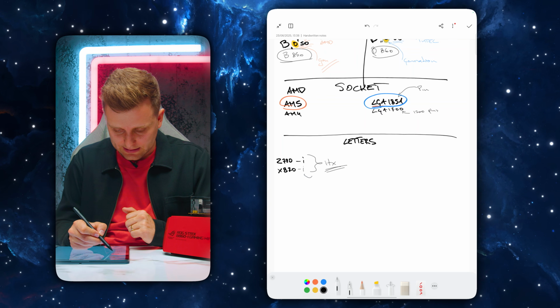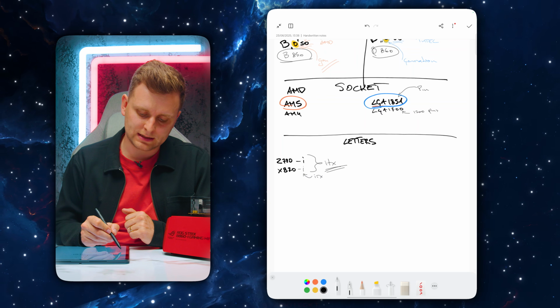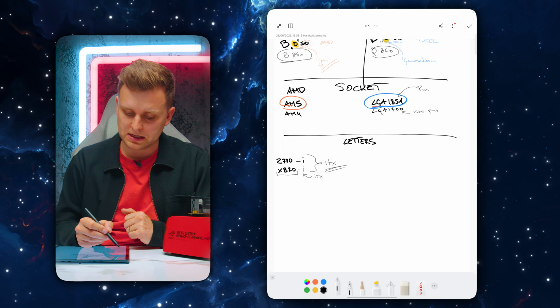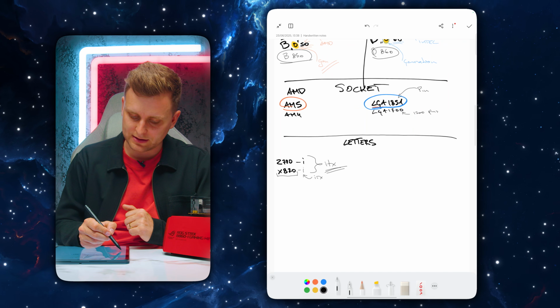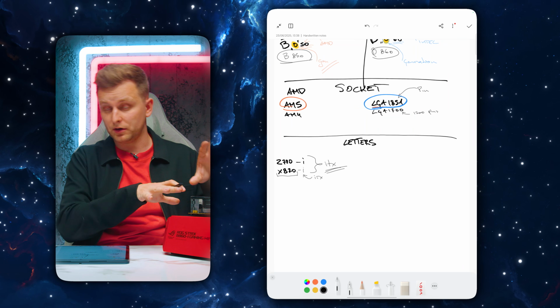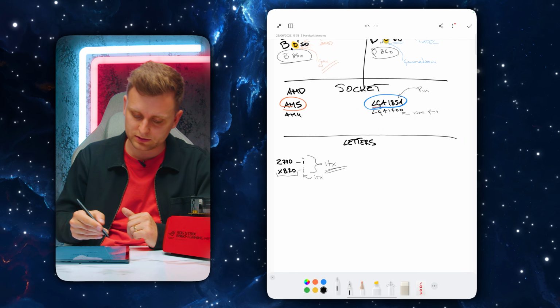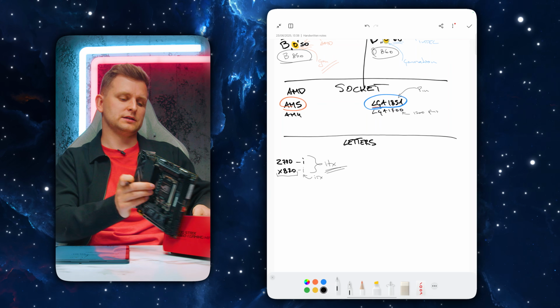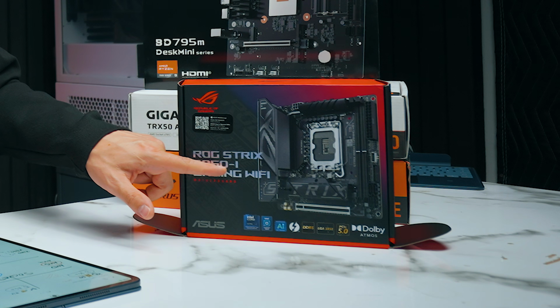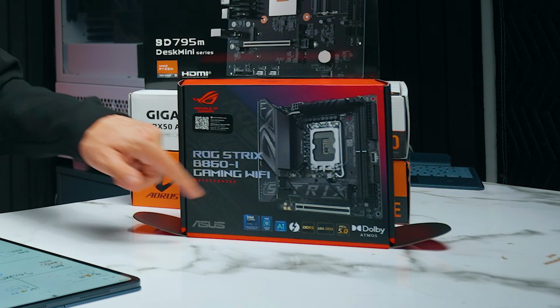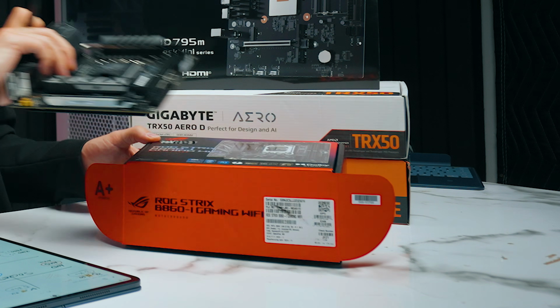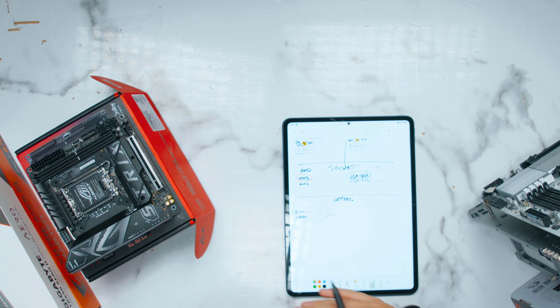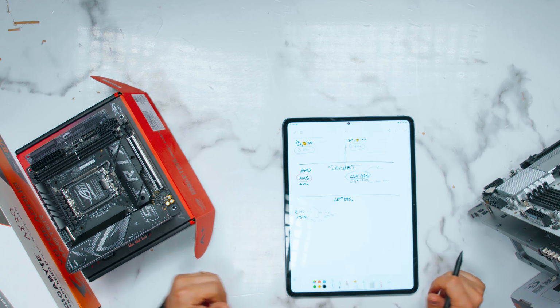So this letter here means ITX. So we see that this motherboard has the chipset, which is either X or Z on the motherboard. So we know the tier here of Intel motherboards, but the I means ITX. So as you can see, we've got B860 and that -I means ITX. So even if you don't see a picture, but you see -I, it usually means ITX.